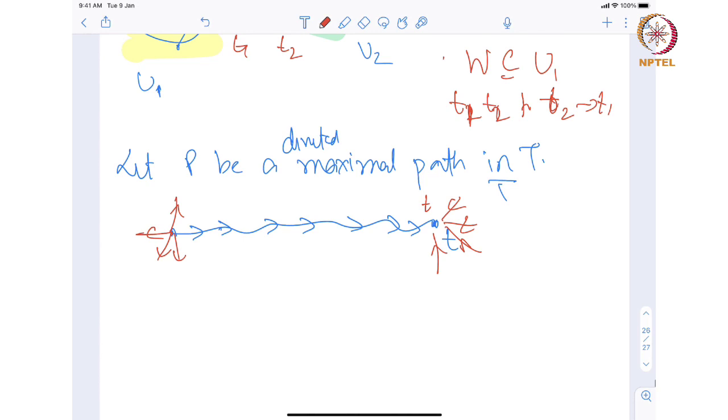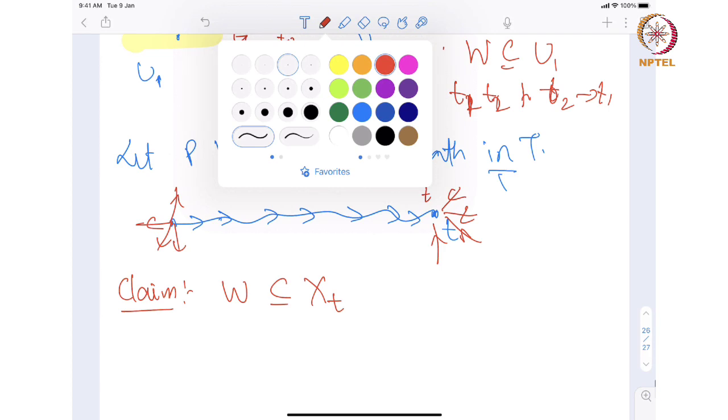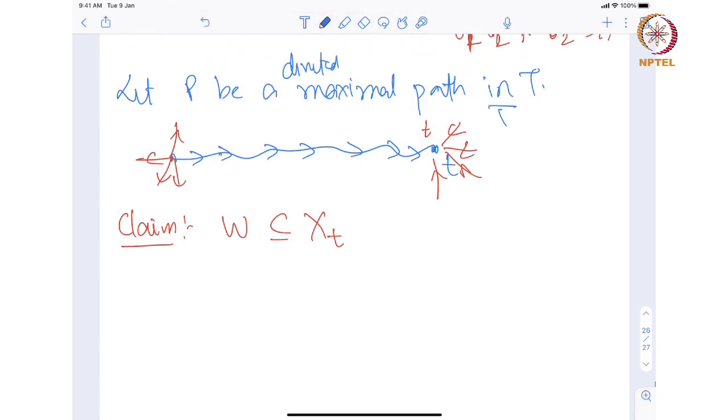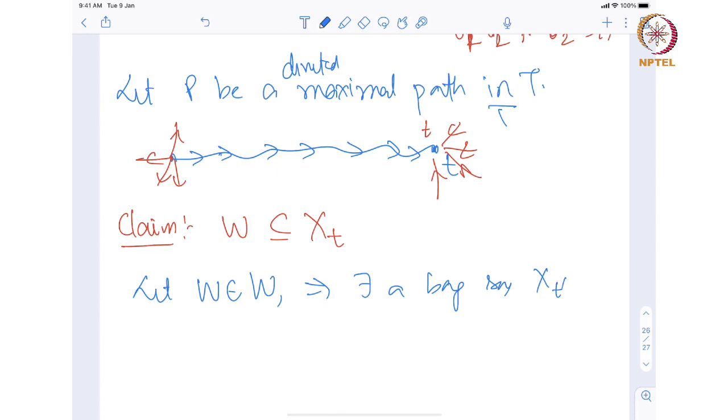I claim W is a subset of this bag. Let us see why. Let little w be an element of W. This implies there exists a bag, say X t prime, for some t prime, such that X t prime contains little w.